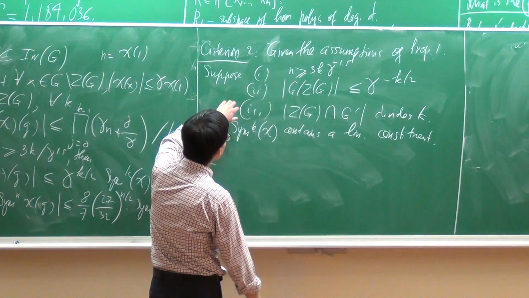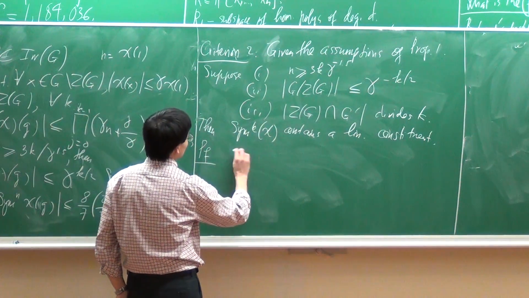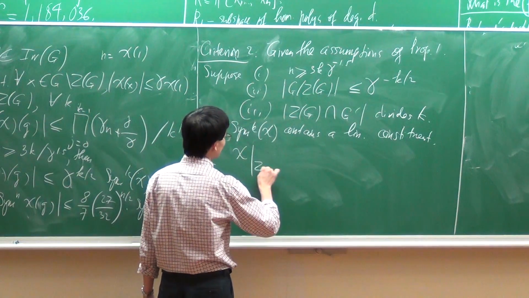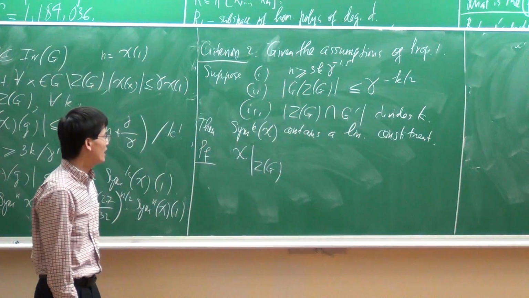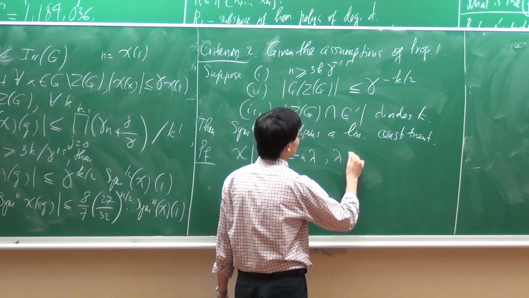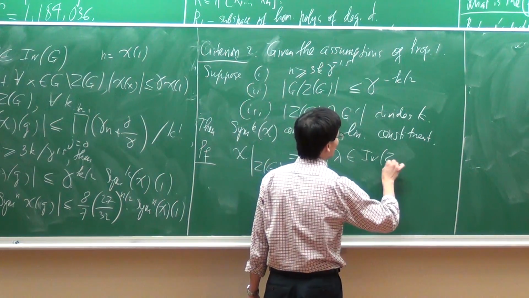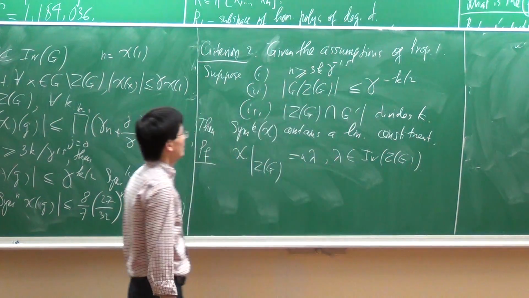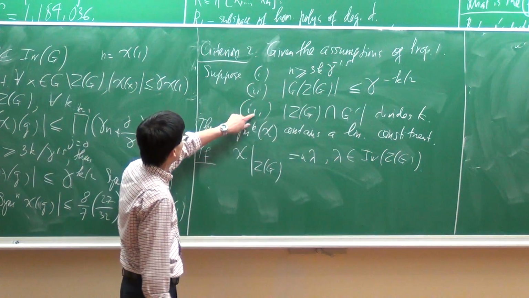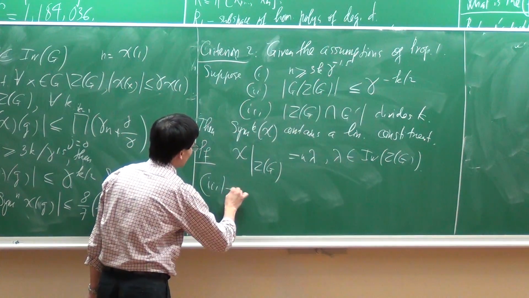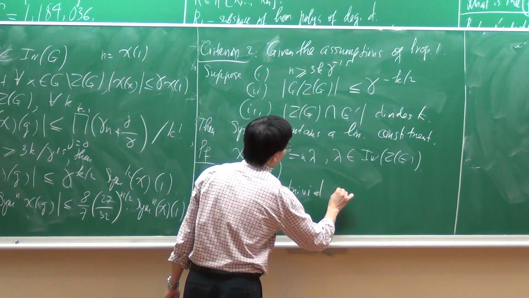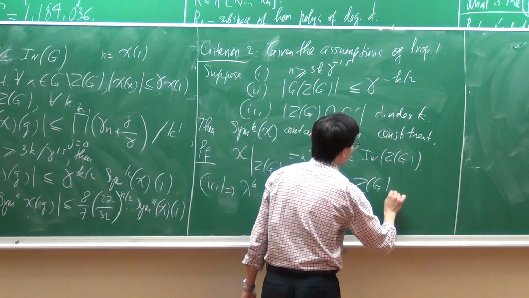First I look at the chi and I restrict to the center of G. So by Schur's lemma, this is going to be n times some lambda, where lambda is a linear character of the center. Then the third condition implies that lambda to the k is trivial on the center intersecting G prime.